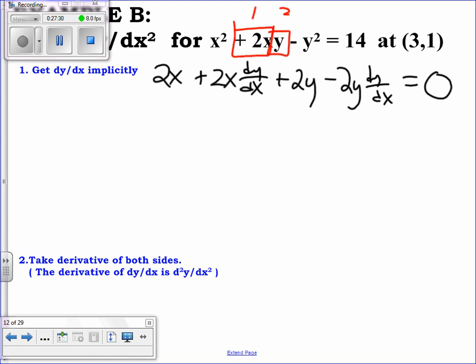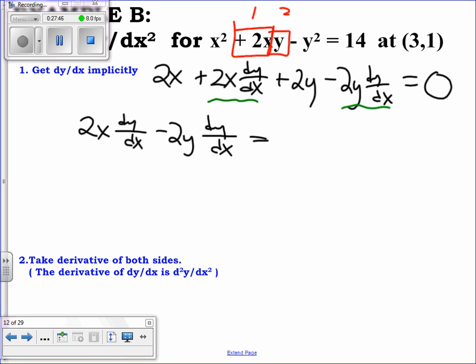All right. So let's keep the dy dx terms, this one and this one, and we'll move the non-dy dx terms by subtracting. So we have 2x dy dx minus 2y dy dx equals negative 2x minus 2y.